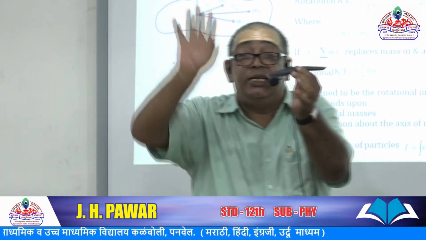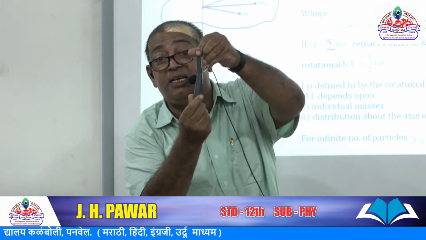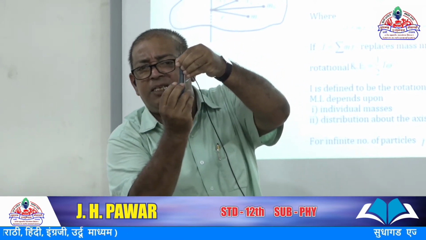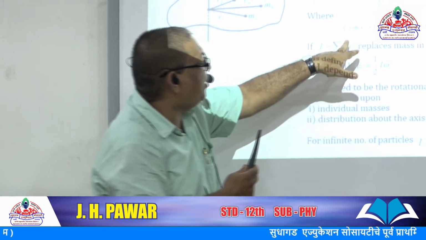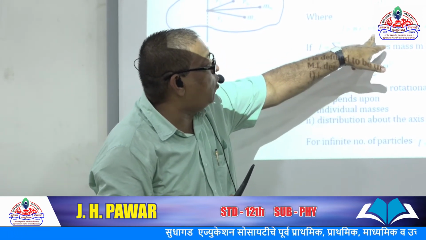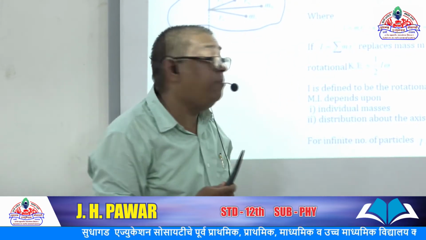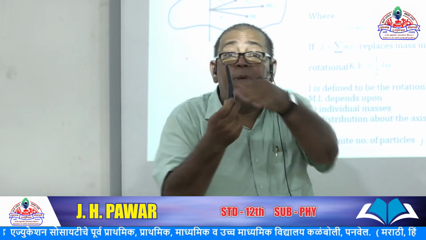Suppose we consider this pen. Its moment of inertia along this axis is less because all the mass is distributed closer to the axis of rotation. For this formula you can understand this: I equals m1 r1 squared plus m2 r2 squared plus, and so on. The masses of the particles are the same, but the distance squares are different, so the moment of inertia is less.